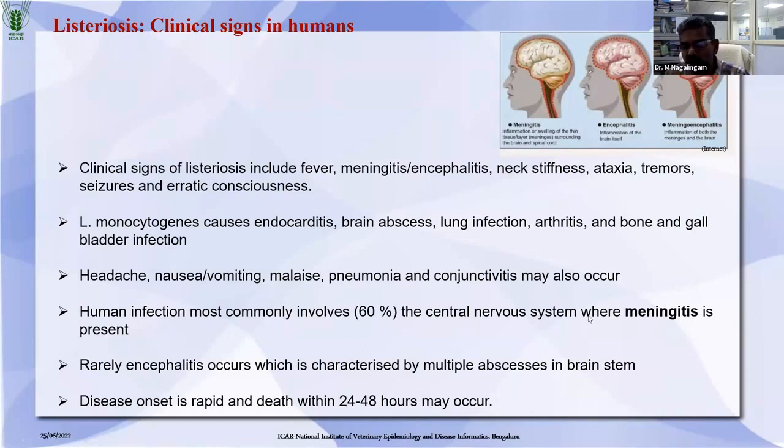Most commonly, in 60% of the cases, meningitis will be present. Apart from meningitis, other minor things like headache, nausea, pneumonia, and conjunctivitis also will occur. And in case of acute infections, disease onset will be very quick, and within 2 days it can cause death.